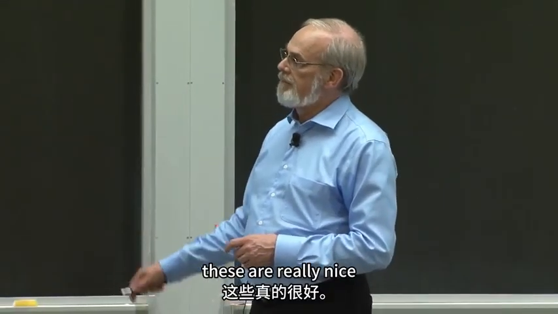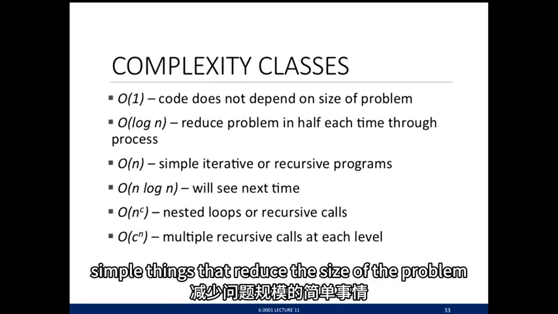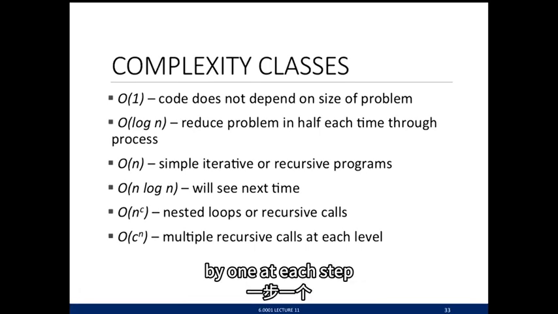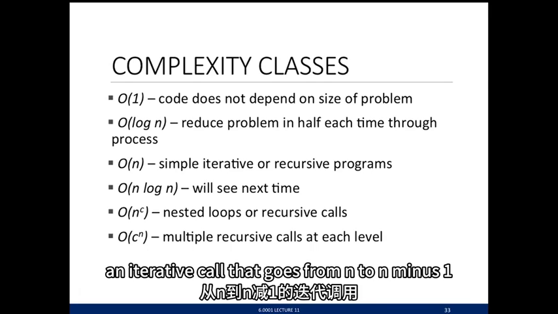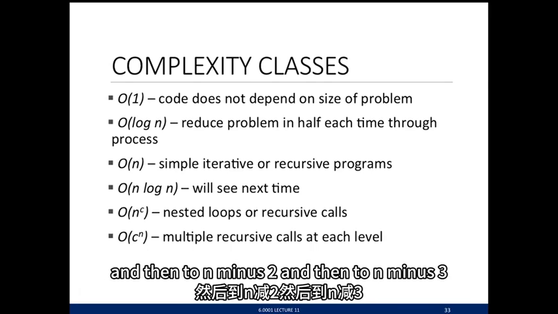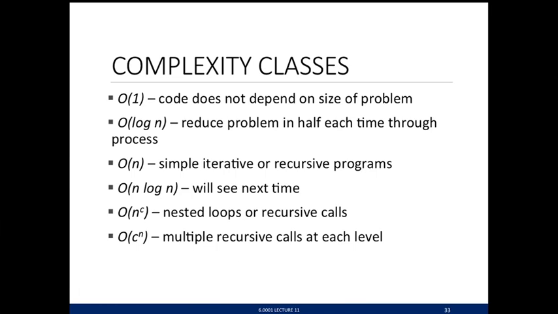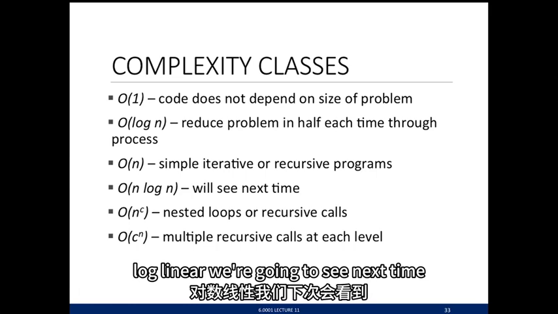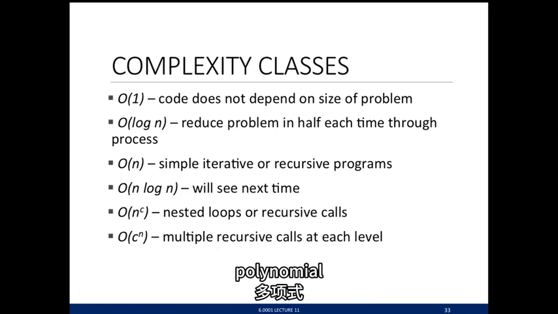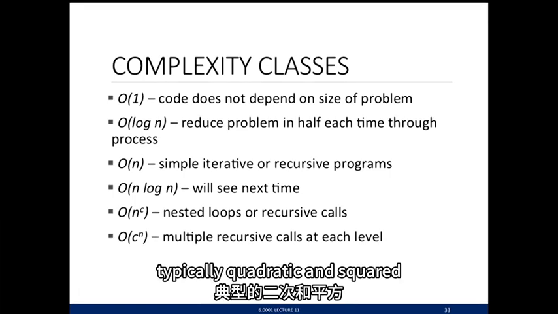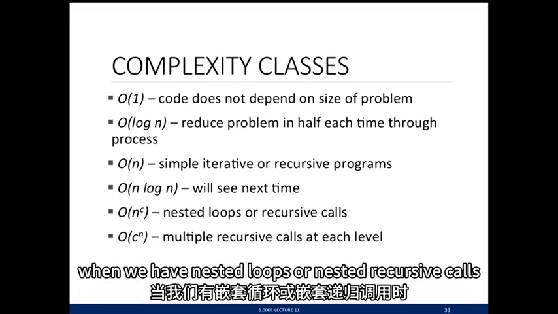These are really nice. Simple things that reduce the size of the problem by 1 at each step, an iterative call that goes from n to n minus 1 and then to n minus 2 and then to n minus 3, are characteristic of linear algorithms. Log linear we're going to see next time. Polynomial, typically quadratic, n squared, when we have nested loops or nested recursive calls.